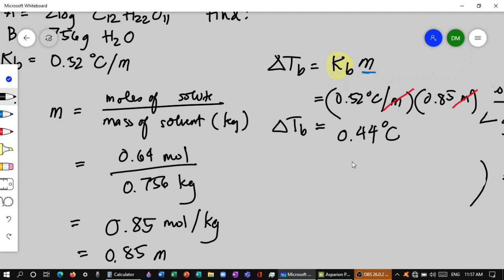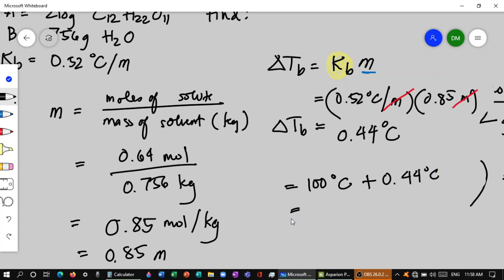So there's an increase of 0.44 degrees Celsius. So again, the boiling point of water is 100 degrees Celsius, and since we add a solute here, the boiling point will increase. And again, the increase is 0.44 degrees Celsius. So we simply add this increase, 0.44 degrees Celsius.